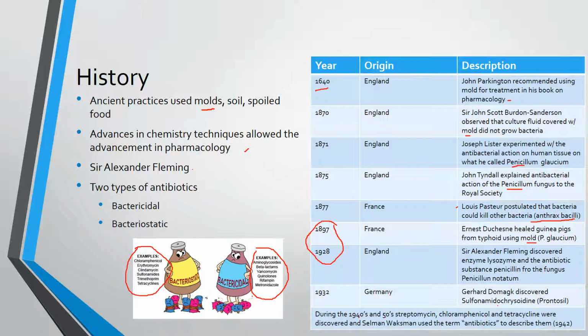Okay, if you look back as far as 1640, you can see that there are actually books written on pharmacology that recommended the use of molds. And if we look back even farther than that, we can find historical evidence that cultures used molds of some sort or material that might have had mold in it, frequently to target an infected wound.